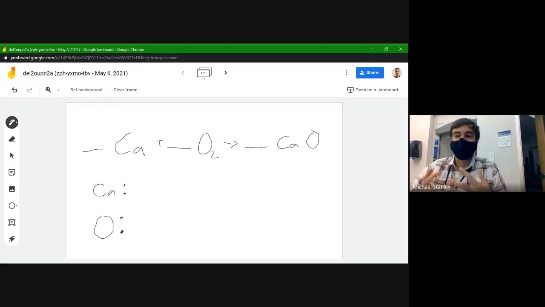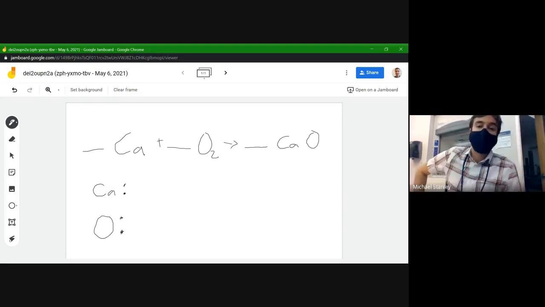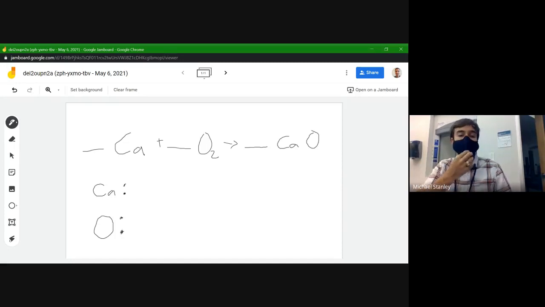All right. So the first thing that we're going to do is count up how many atoms we have on each side to start. So remember, over here is our reactant side, and on the other side of the arrow is our product side. So looking at our reactant side atoms, how many Ca atoms do we have?